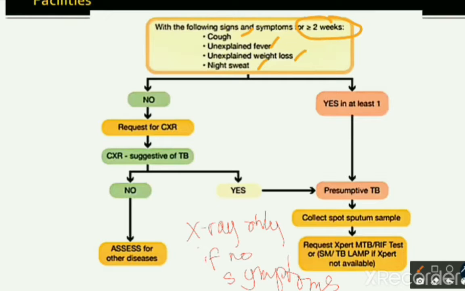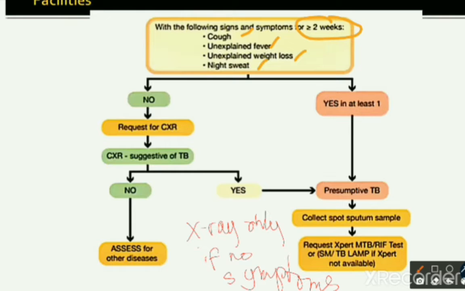So again, for pulmonary tuberculosis diagnosis in adults, we need either of these symptoms for more than 2 weeks, for us to screen patients with Mycobacterium tuberculosis infection.